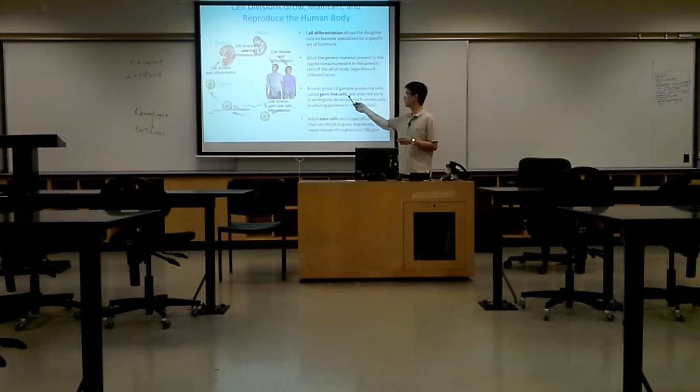So the germline cells, basically these are the cells that we find in our testes and ovaries, because they produce the gametes. And then stem cells is a term that we hear all the time nowadays. Stem cells are unspecialized cells that can grow, regenerate, or repair tissues.